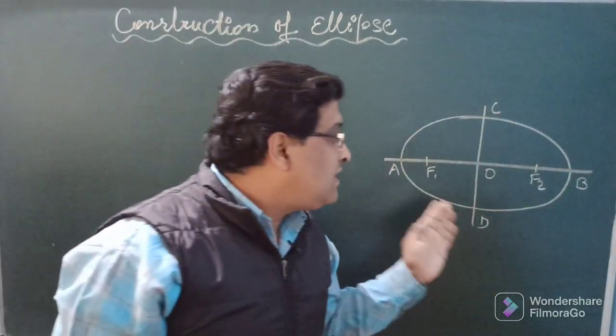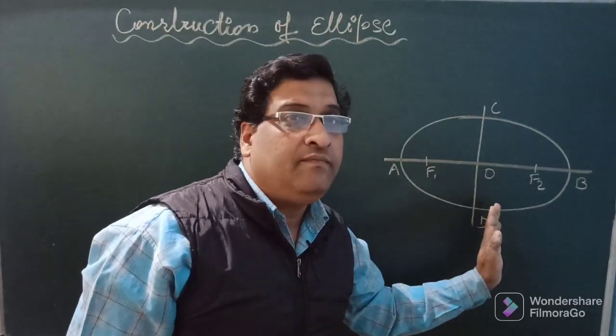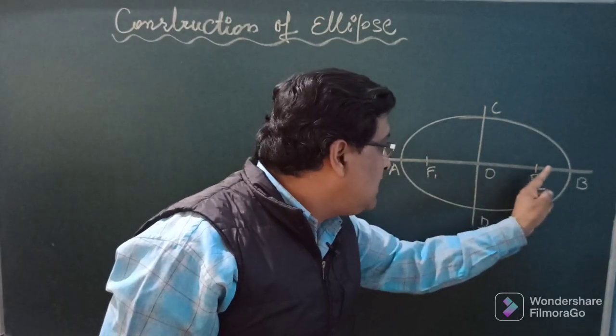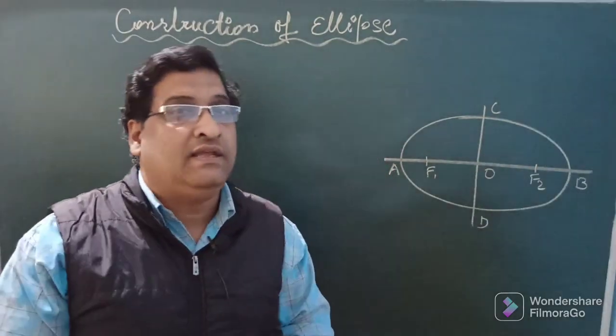Why are they called major and minor? Because the major axis is always greater than the minor axis. Also, we have the positions of focus 1 and focus 2 provided here.